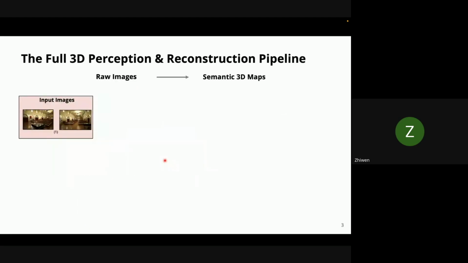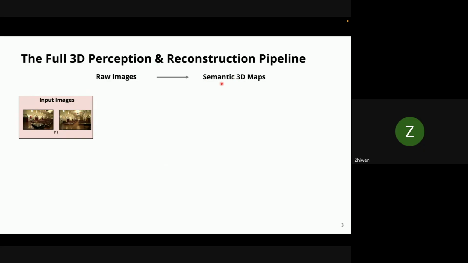So let's take an overview of the 3D perception and reconstruction pipeline from the view of traditional algorithms. Given multi-view images as input, just like here, we have two images as an example, our goal is to build the semantic 3D map, just like this.